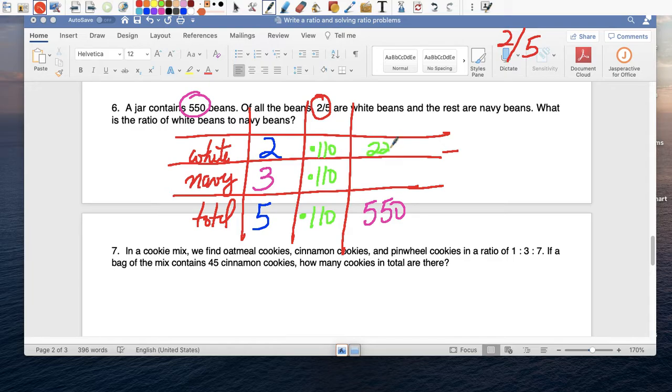So we get 220 and 330. So what's the ratio of white to navy? It's 220 para 330. Okay, white to navy. When there are 550, ¿cómo se dice? Beans.